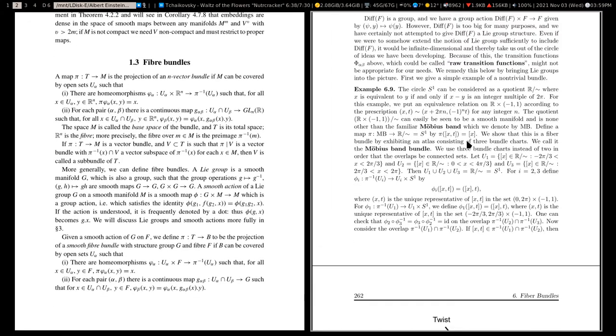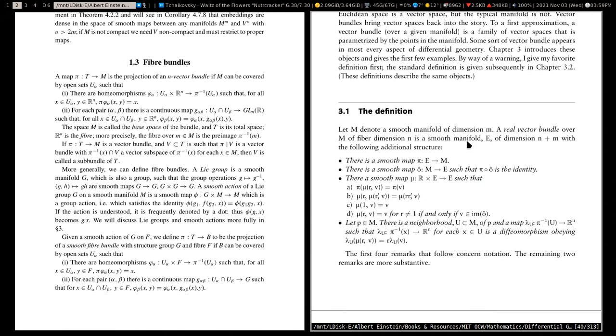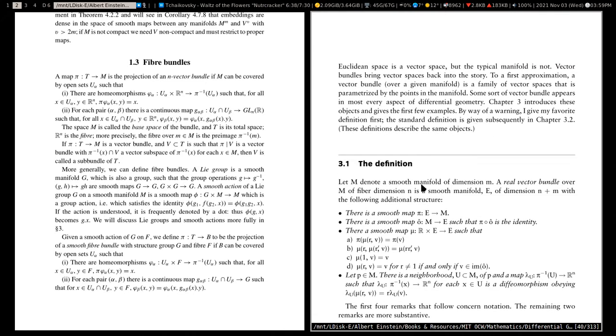So I'll go through some examples of what happens. But before the examples, we can see what a vector bundle is. I didn't define what a vector bundle is, right?